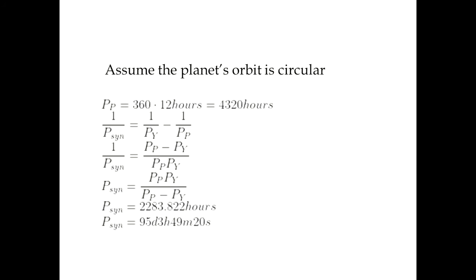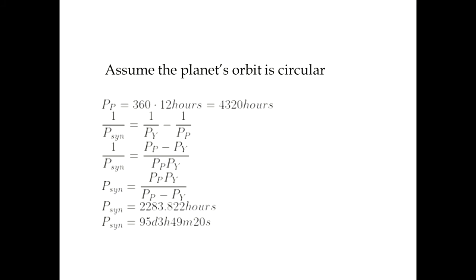It changes 2 minutes every 12-hour day, so it'll need to do that 360 times over, or we can say that the planet rotates around its star for 360 days.